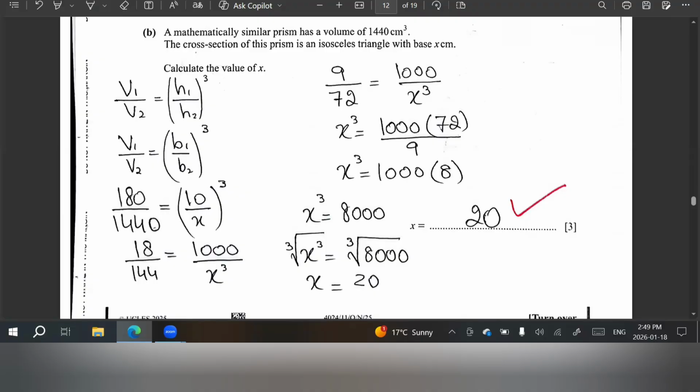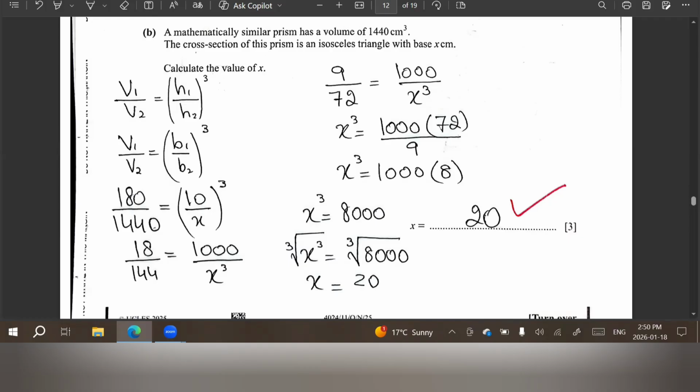So it's 180, the volume 1, which we just showed, divided by the volume 2, which is 1440. And the base of my first prism is 10, and I want to find out the base of this second prism. So 10 by x whole cube. So 180 divided by 1440 will be equal to 1000 divided by x cube.